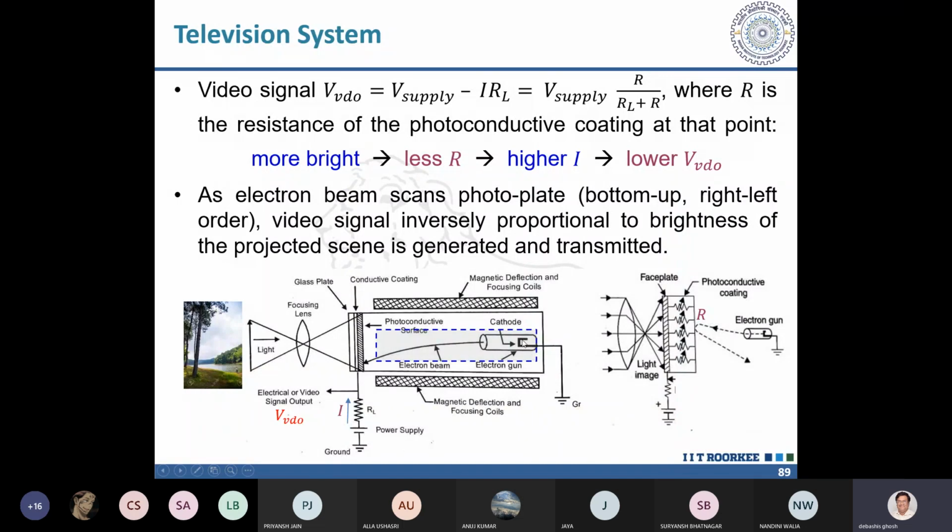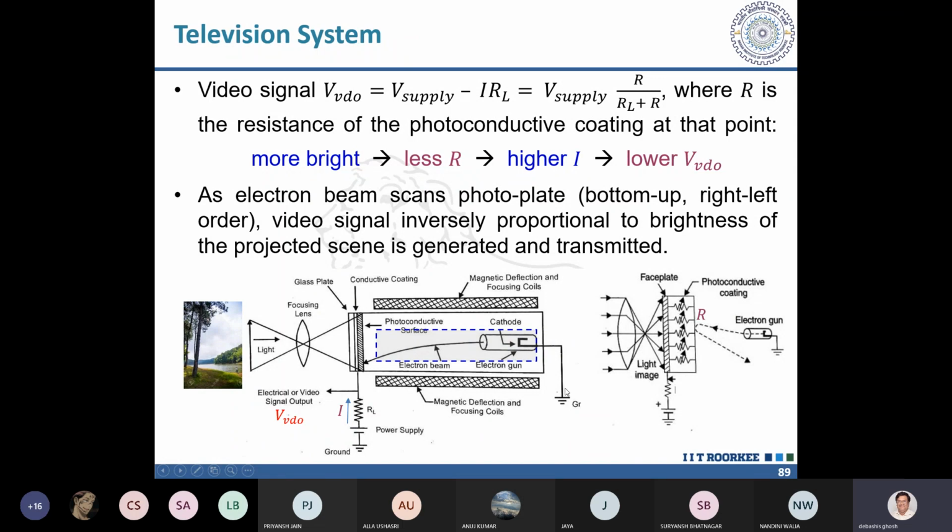Now you have an electron gun from where the electron beam falls on this. So this makes a complete circuit. You can see from here that from the ground you have the power supply, then RL, then through this photoconductive coating and through this electron beam you have the complete circuit made.